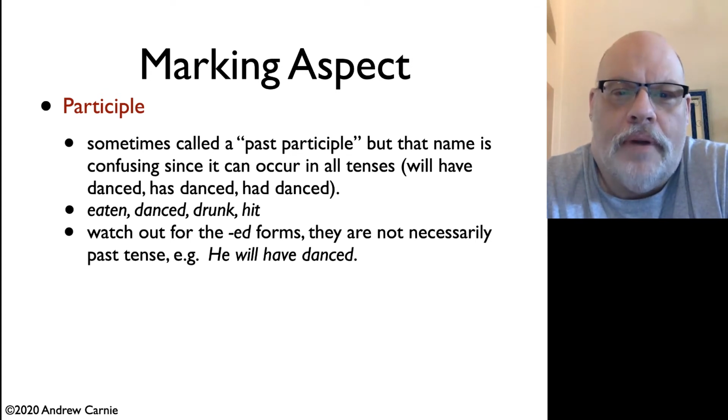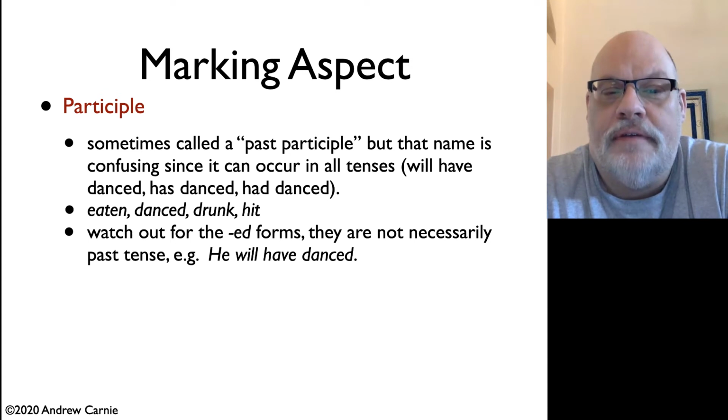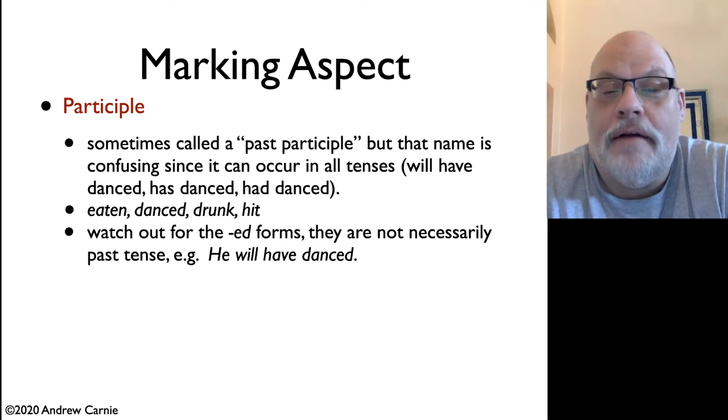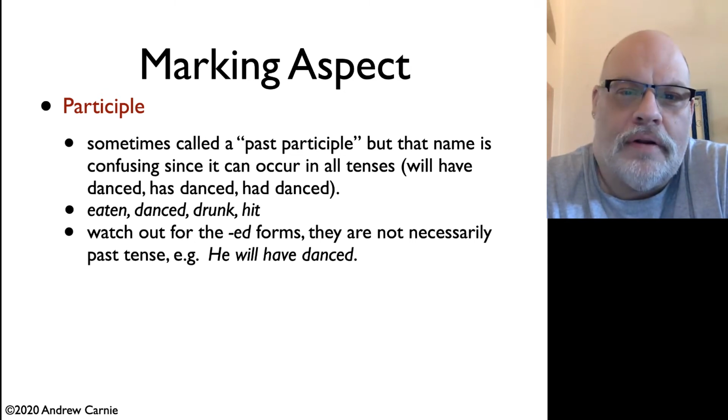They are typically marked with either the en suffix, as in eaten, or sometimes they're marked with the ed suffix, as in danced. You have to be very careful about those forms with those ed suffixes because ed can also mark the preterite in the past tense.